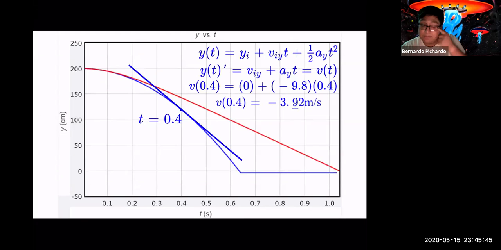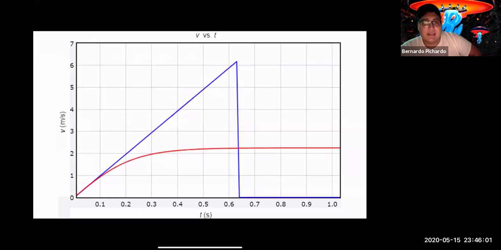And that is, again, what we expect to see in the theoretical. And that is also what we see here in the code. Where's our velocity? Yep, we get the slope of that tangent line, which is negative 3.92 meters per second, which is what we expected.